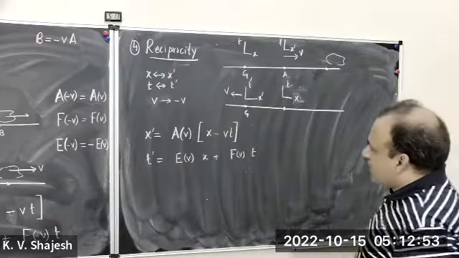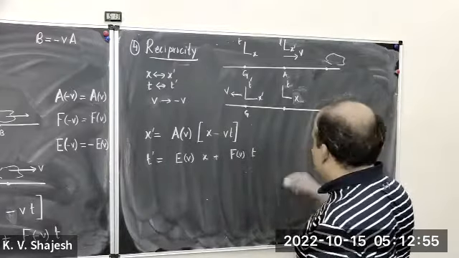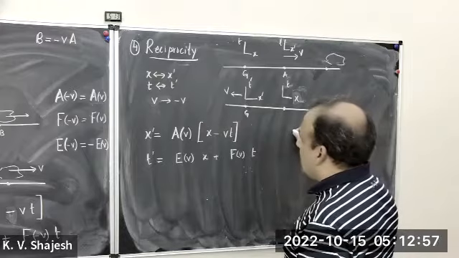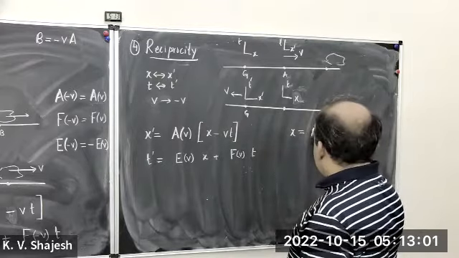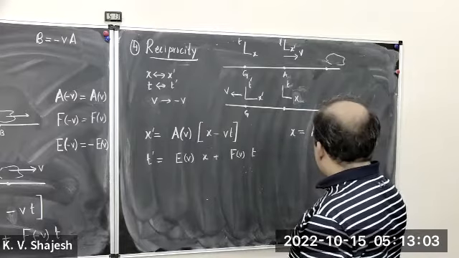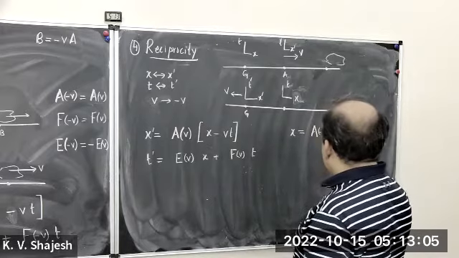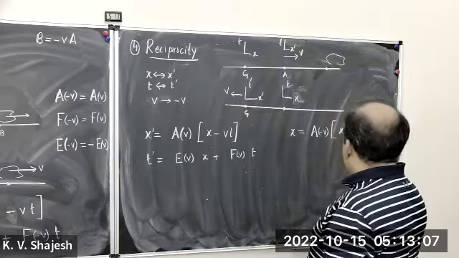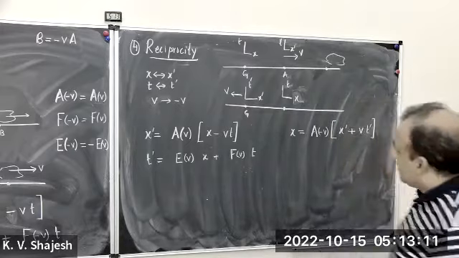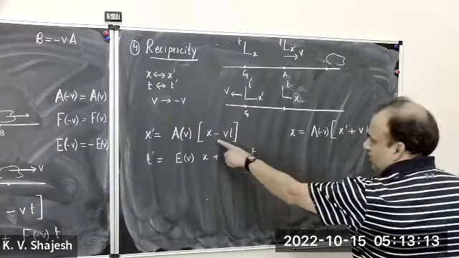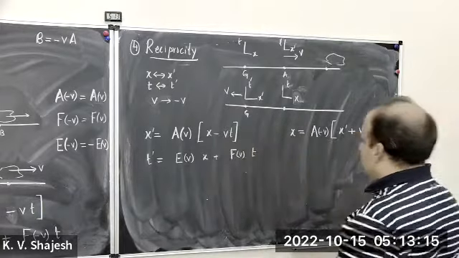Now I put that in the equations, and that's what I mean by it should be consistent. This is x now, that's equal to a of minus v times x prime plus v of t prime. So switch all of that, like whatever we said there.